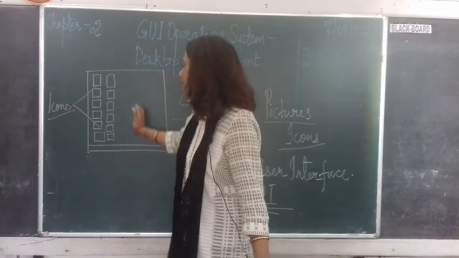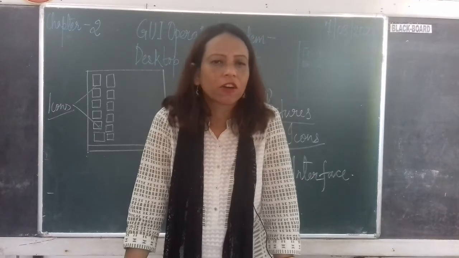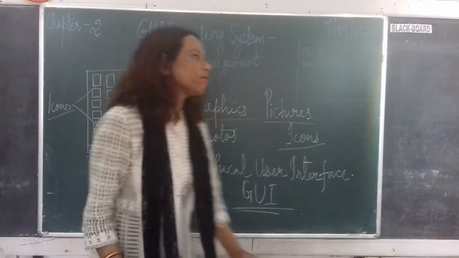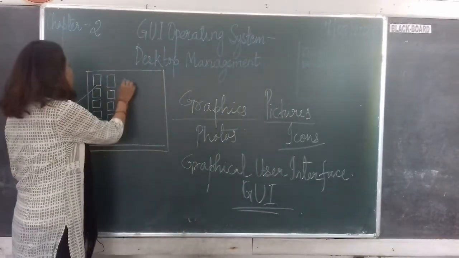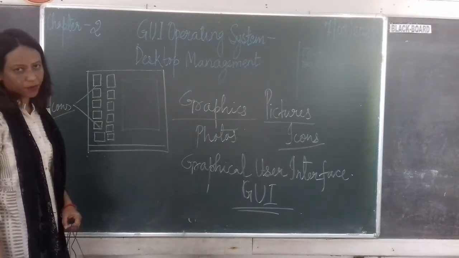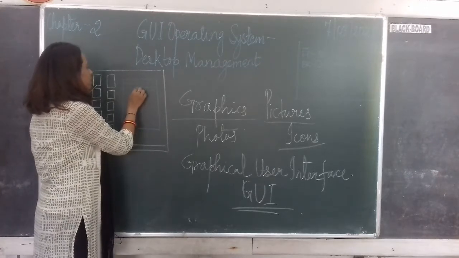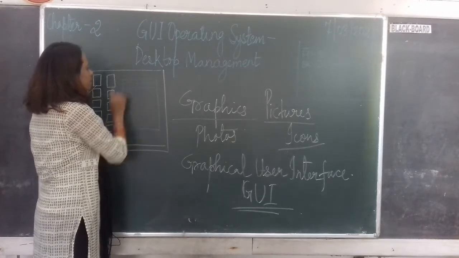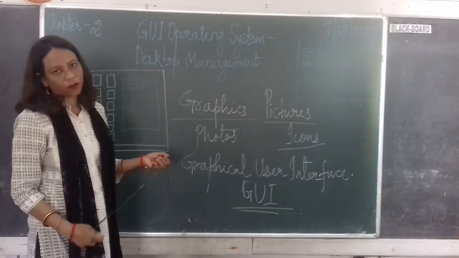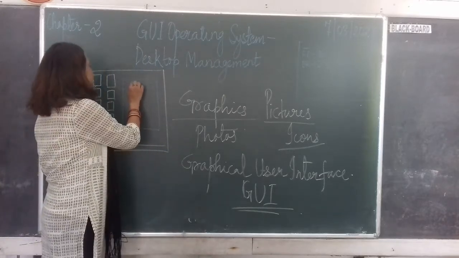Whereas in the graphical user interface, everything you will get ready-made on the screen. Suppose you have to make a drawing, you open the MS Paint program, Microsoft Paint, and you will see all the small icons. You will see the color palette, the symbols, and icons like a small pencil.